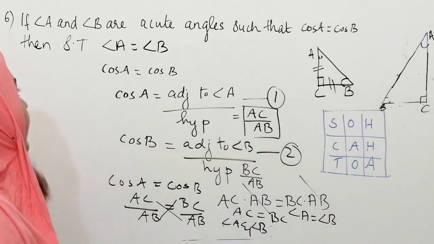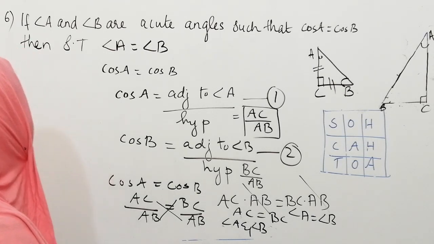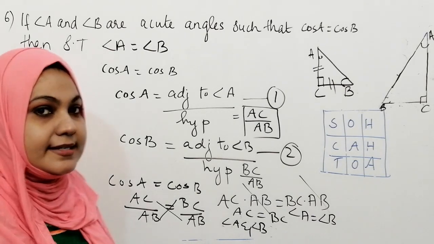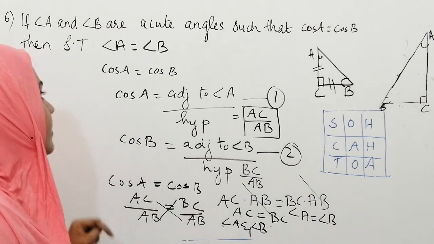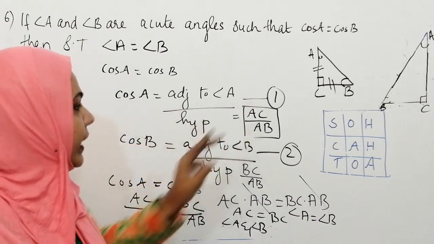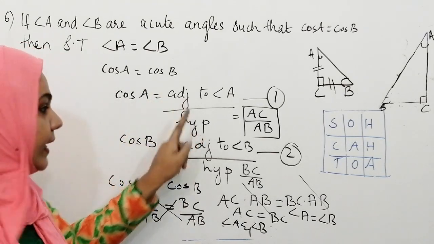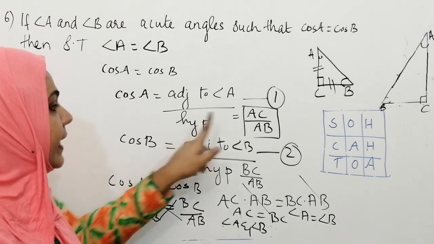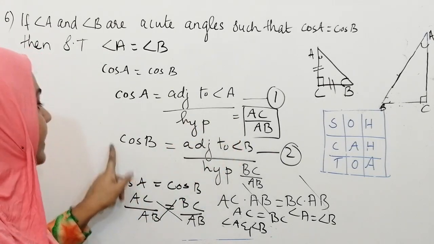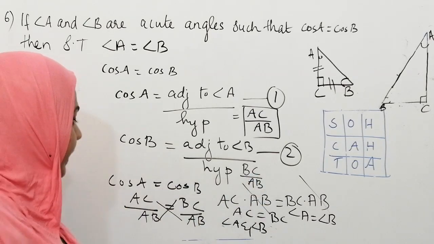According to our question, angle A and B are acute angles such that cos A is equal to cos B, then show that angle A is equal to angle B. For solving this question, we wrote cos A is equal to cos B. So we drew two triangles for cos A and cos B. Cos A is equal to adjacent to angle A by hypotenuse, that is AC by AB. Cos B is equal to adjacent to angle B by hypotenuse, that is BC by AB.